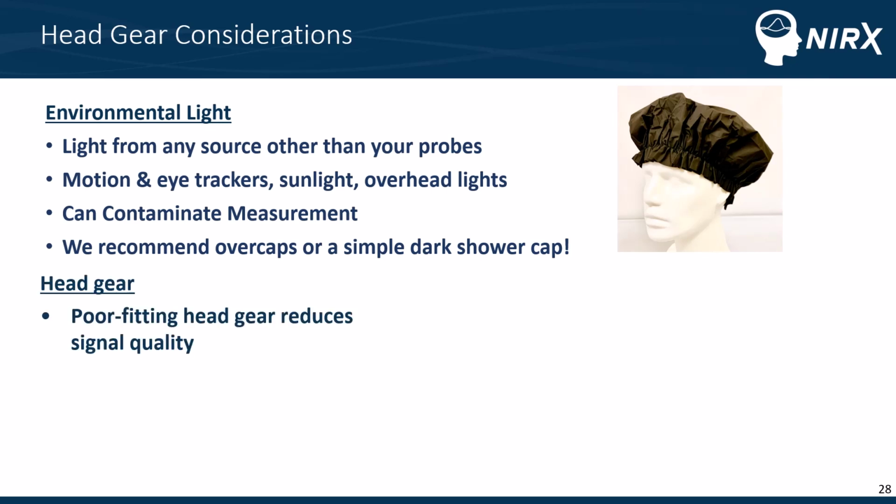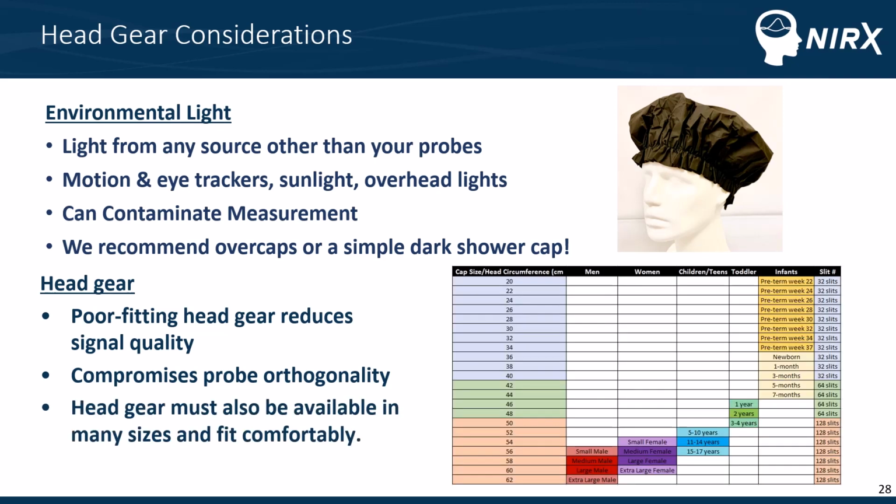Another note on headgear, you need to have headgear that's the right size for the participant. If it's poor fitting, it will reduce signal quality, because it compromises probe orthogonality. That simply means that the probes are not kept perpendicular to the scalp throughout the measurement if the headgear is not the right size for the participant.